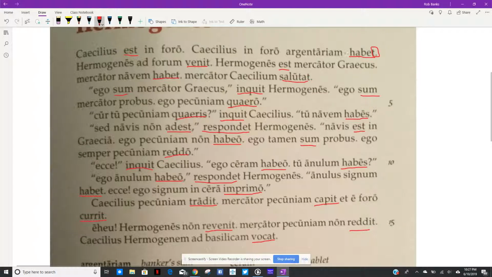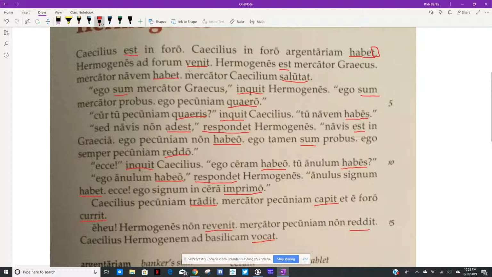So Caecilius has argentarium, which it gives to you as a banker's stall. It's just like a little table he sets up in the forum in Pompeii to do his banking business. I remember an argentarius is a banker, so an argentaria is a banker's stall. Argentarius is second declension. Argentaria is, of course, first declension. Okay, so Caecilius habet, he has in foro in the forum argentarium a banker's stall.